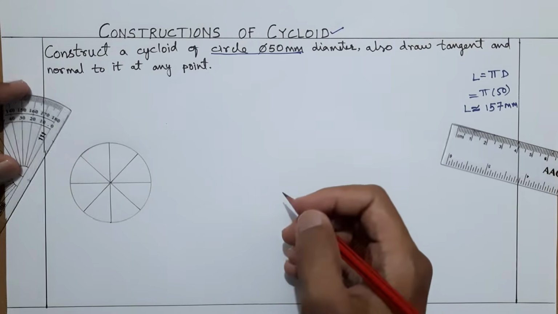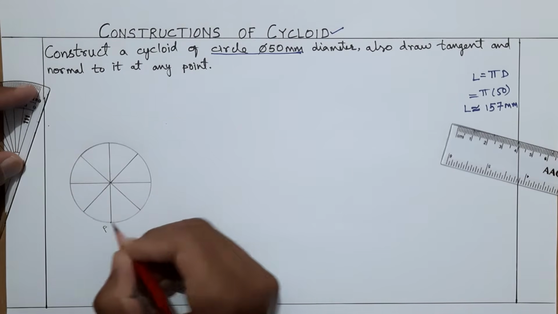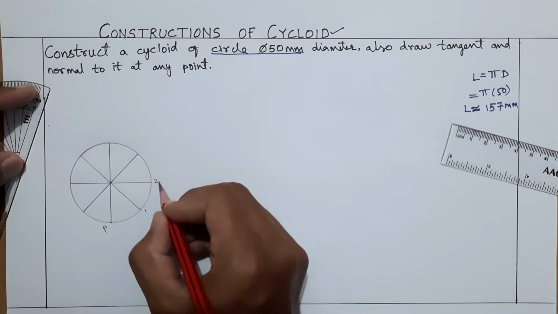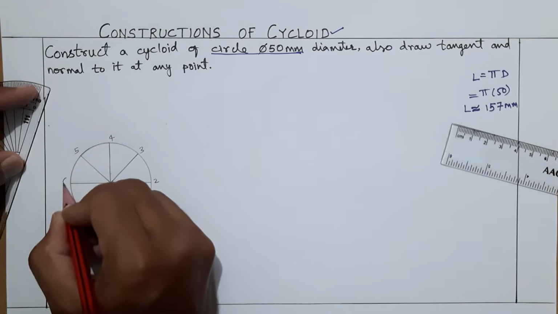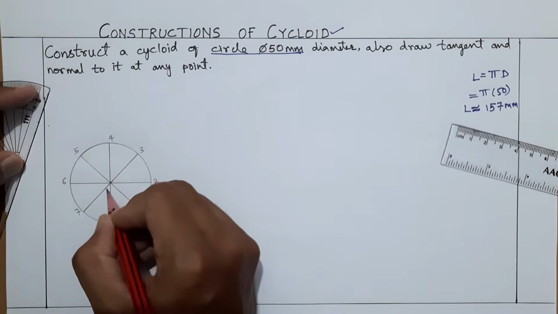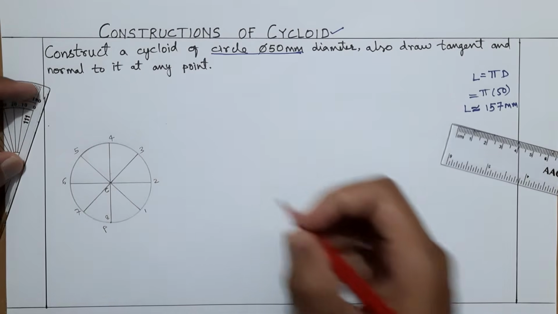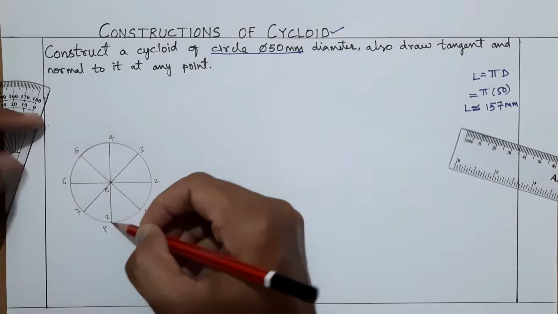So here we have divided the circle into 8 equal parts. This is the starting point, say point P, and this is 1 2 3 4 5 6 7, and this P itself is the 8th point. This is center C.